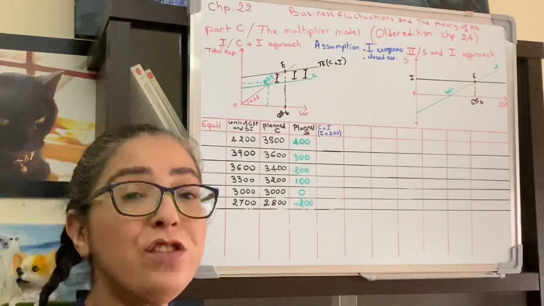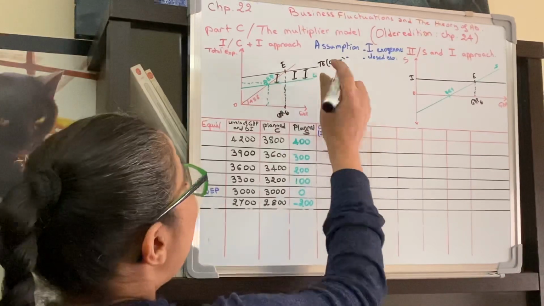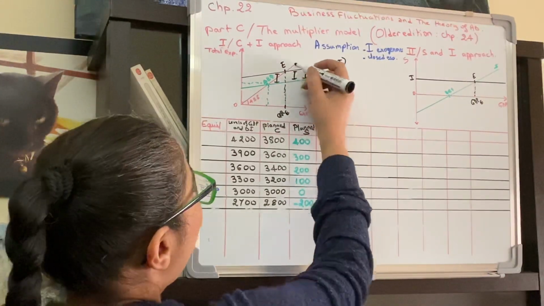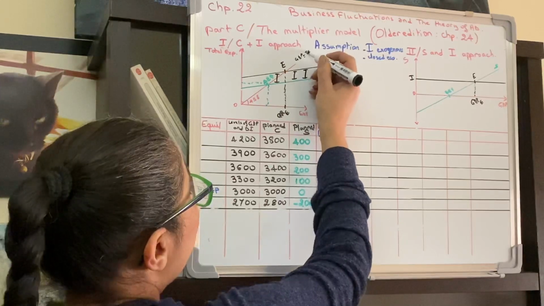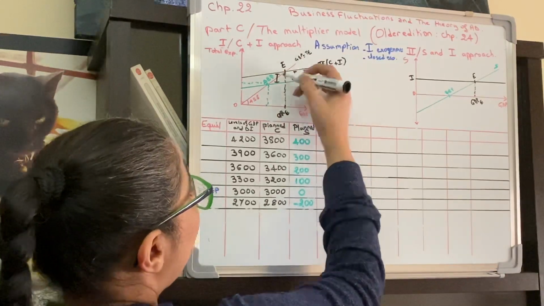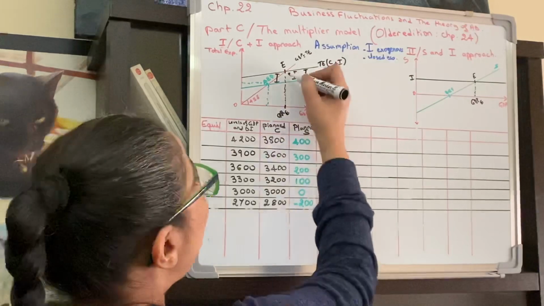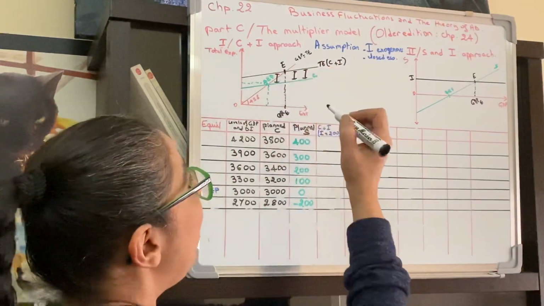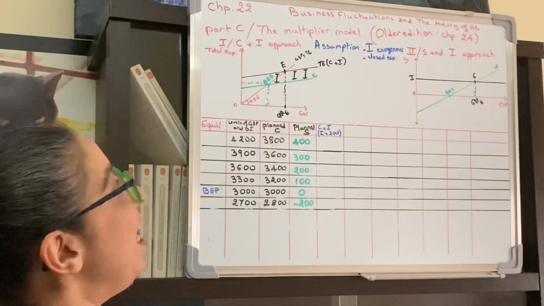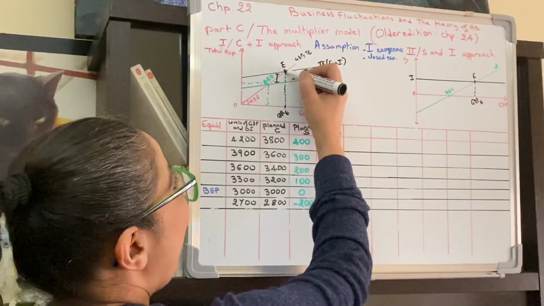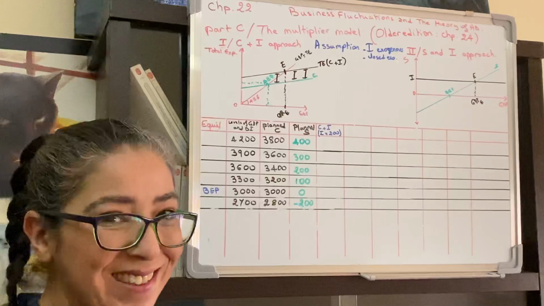So when your C plus I is equal to GDP, remember GDP is equal to TE, total expenditure, that's this line, the 45 degrees line. So when you have the intersection between them, you have C plus I equal to GDP. That is your equilibrium, okay?